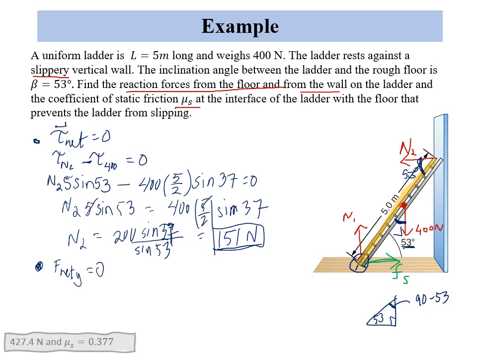The forces in the y direction are N1 and the weight. So this is going to be N1 pointing upward plus negative 400 is equal to 0. Then N1 is equal to 400.